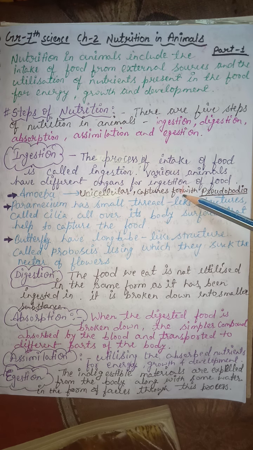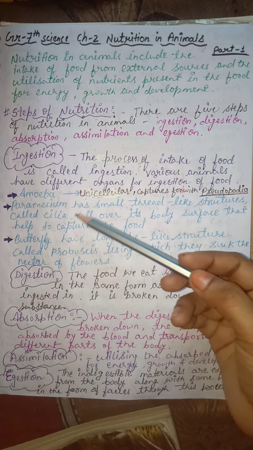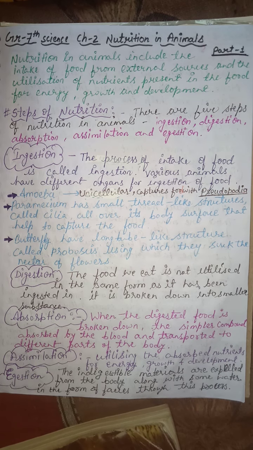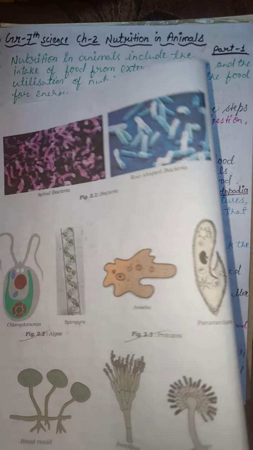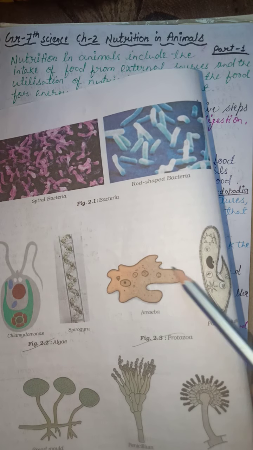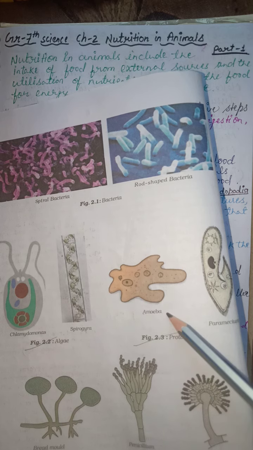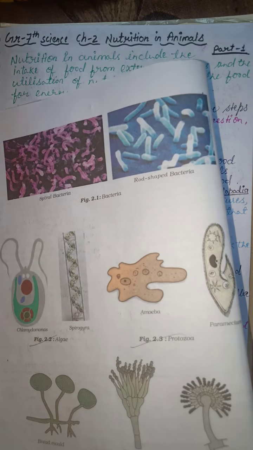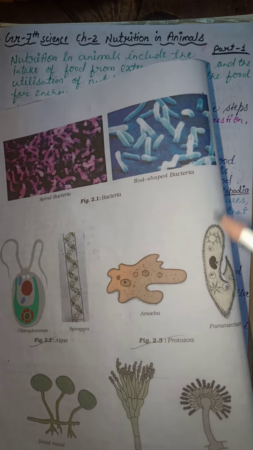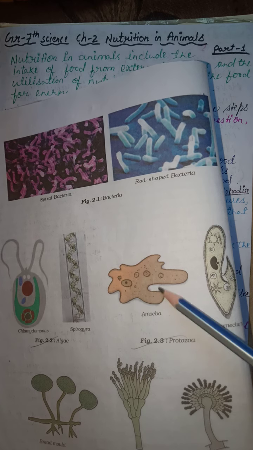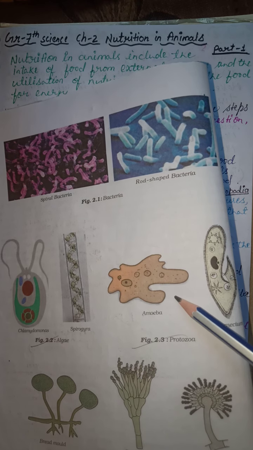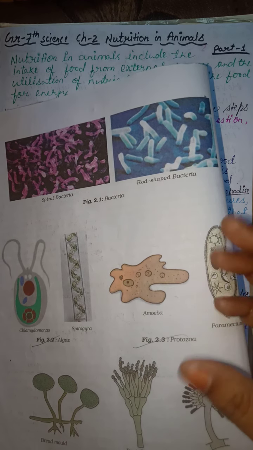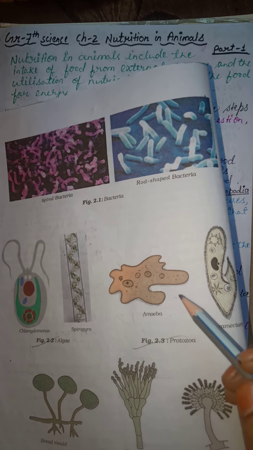They capture food with these pseudopodia, like you can see in the diagram here. This is the shape of amoeba. Amoeba's shape is not fixed. It can change its shape anytime to catch its food.